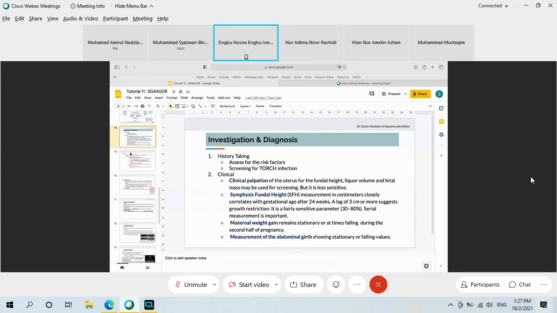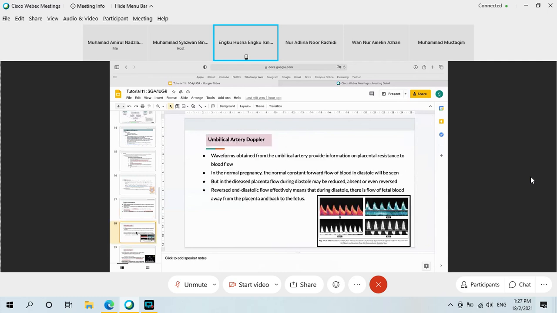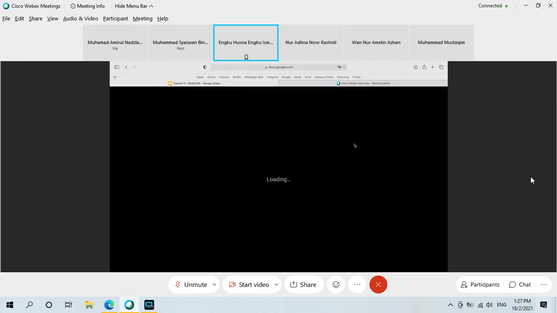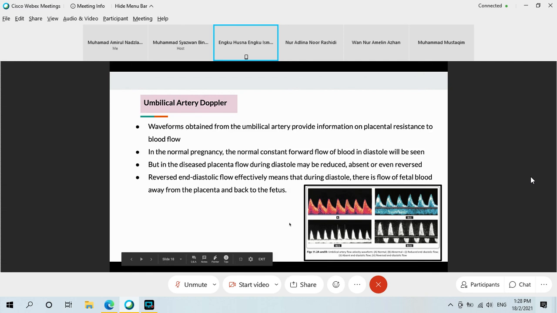Because from the Doppler itself, let's say umbilical Doppler, actually buka Doppler tadi, yang 4 gambar tu. Okay, gambar nama A. The picture one is actually a normal waveform. The second one is, apa ni you mention, reduced.